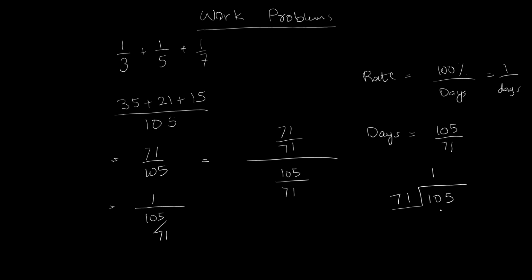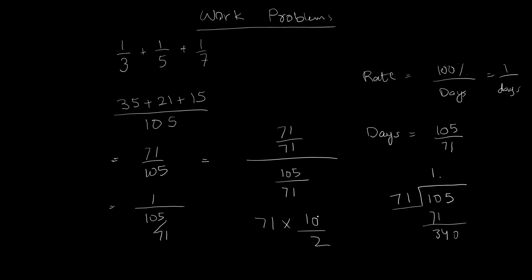Here, 71 times 1 is 71, leaving 34, and then you put a decimal point and multiply 71 times 5. A quick way to calculate it: if you need 71 times 5, you just find 71 times 10 and then divide it by 2.